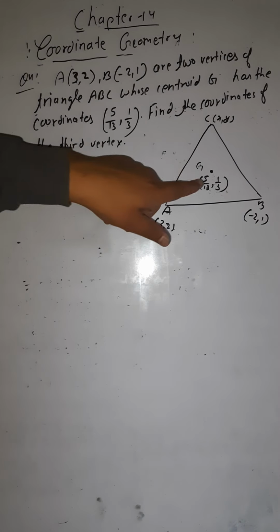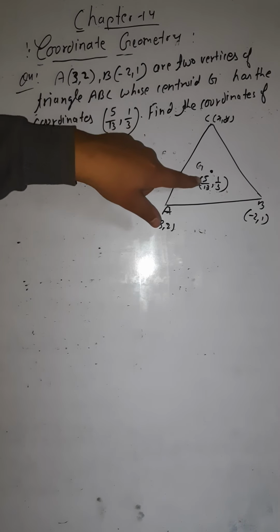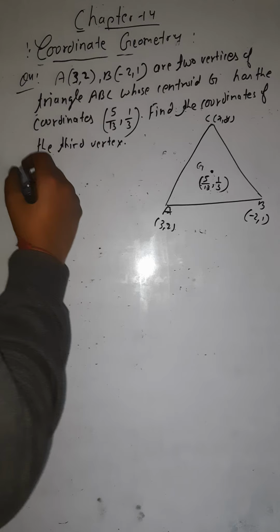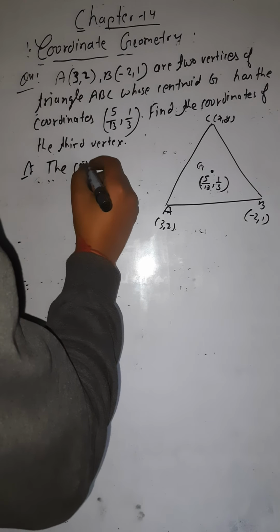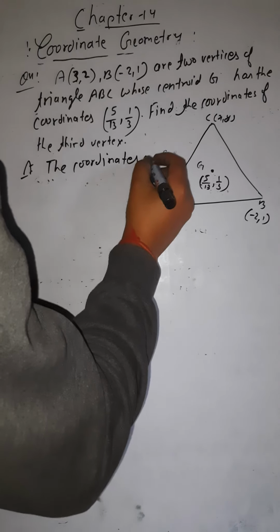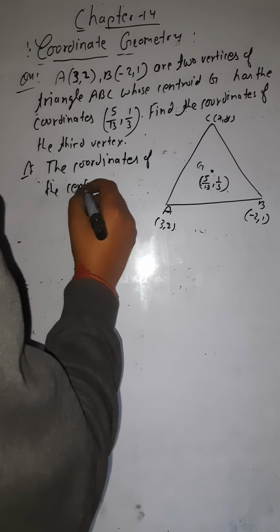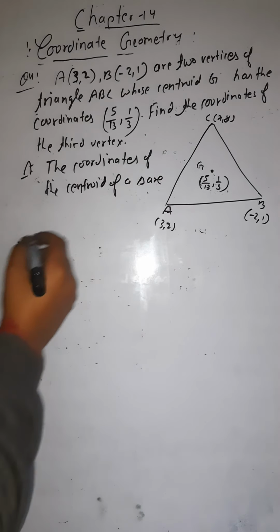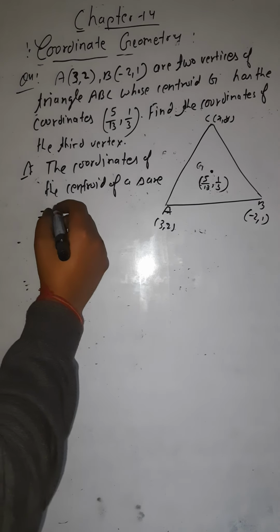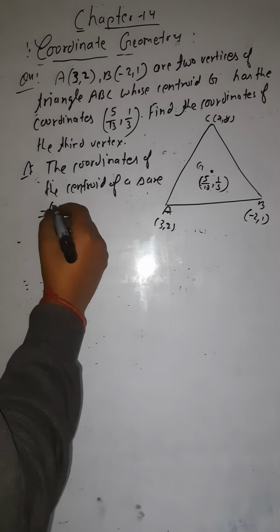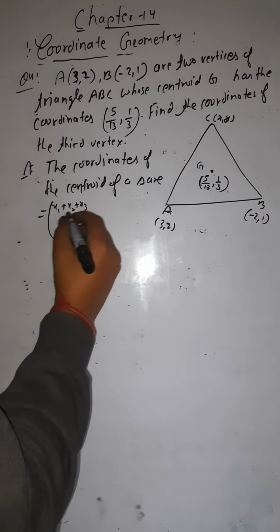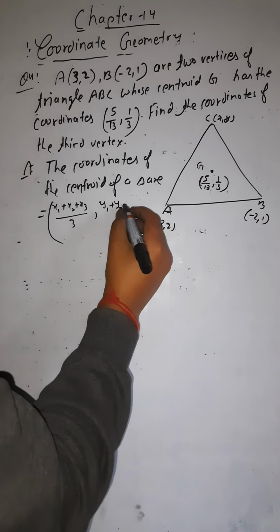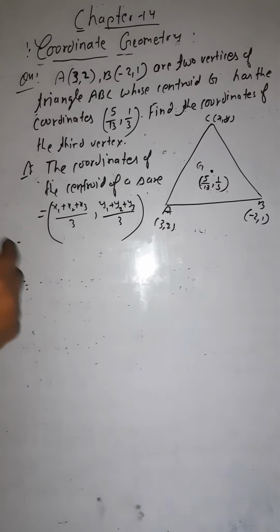Now you know the coordinates of the centroid of a triangle. Again I am writing: the coordinates of the centroid of a triangle are x1 plus x2 plus x3 divided by 3, and the next coordinate y1 plus y2 plus y3 divided by 3.